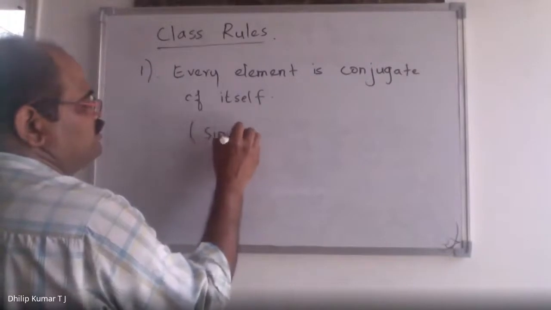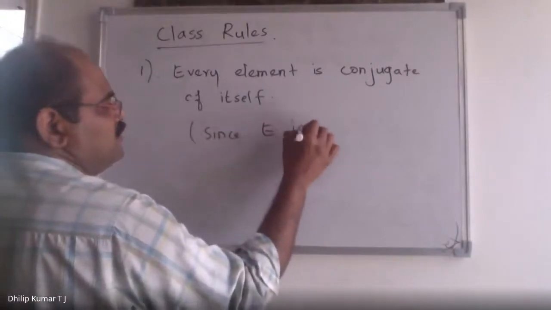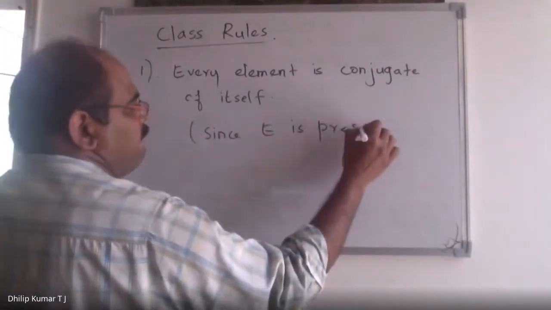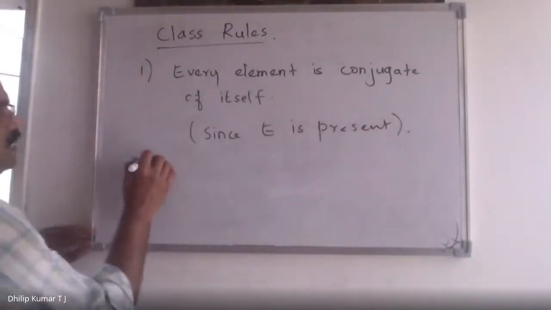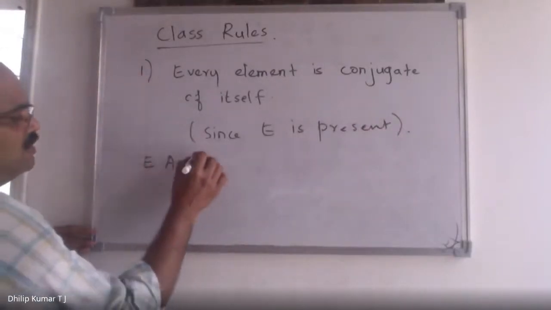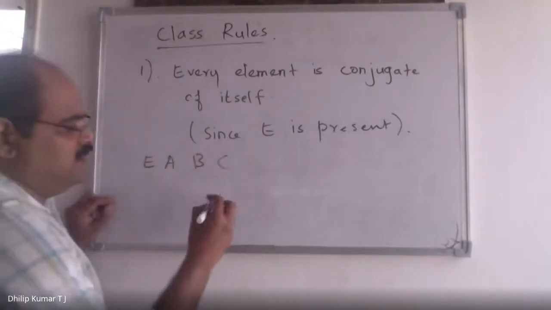This is because E is present. Say you have E, A, B, C. Then how do you do that?